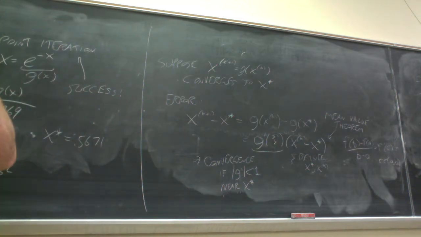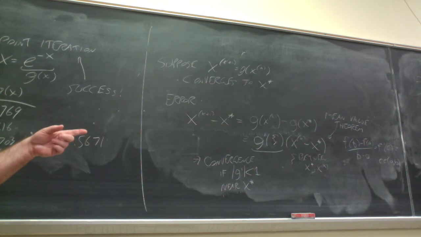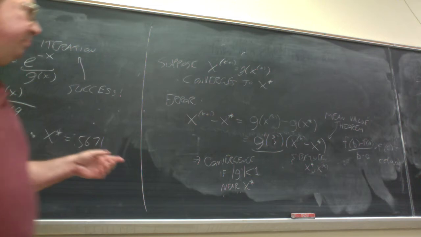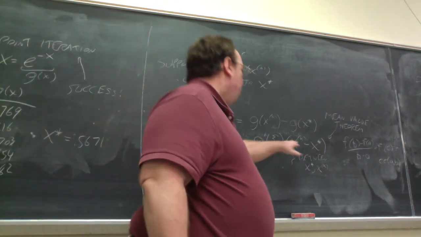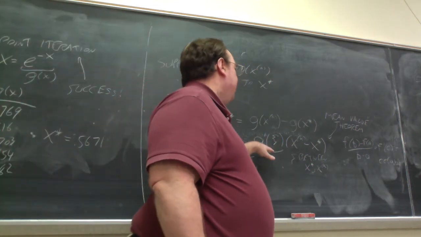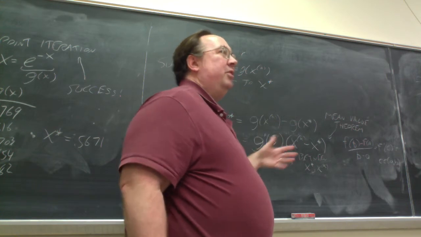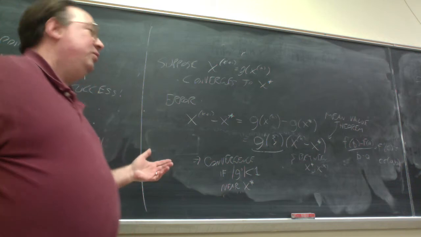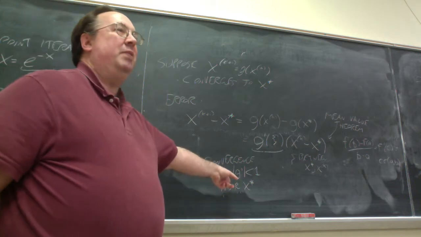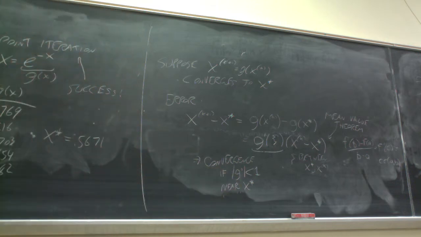Now this is similar to the condition from stationary iterative methods for Ax equals b. We had the old error being multiplied by M inverse N to get the new error, so the norm of that matrix M inverse N had to be less than 1. It's the same kind of condition right here. In fact, that M inverse N is actually the derivative of that whole iteration.